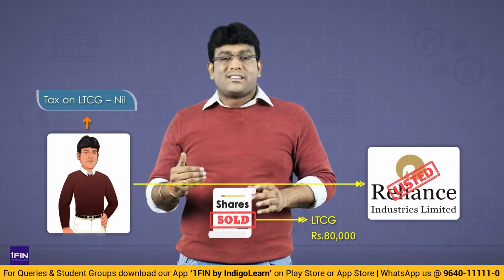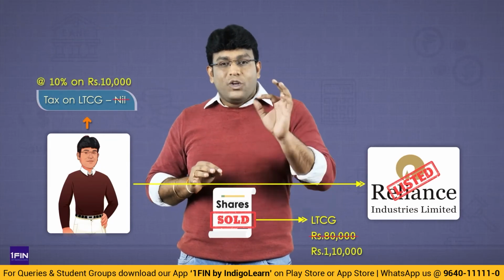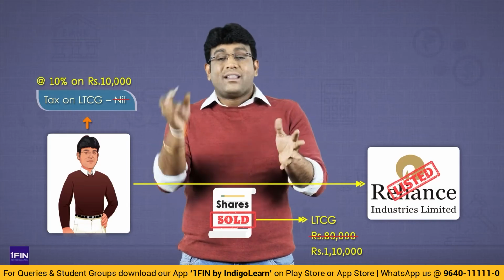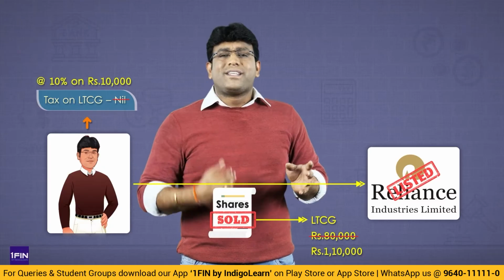And next situation, let us say the long-term capital gain I got is 1,10,000. Law is telling, please pay tax only on 10,000. And that too at the rate of only 10%, boss. Very small percentage.